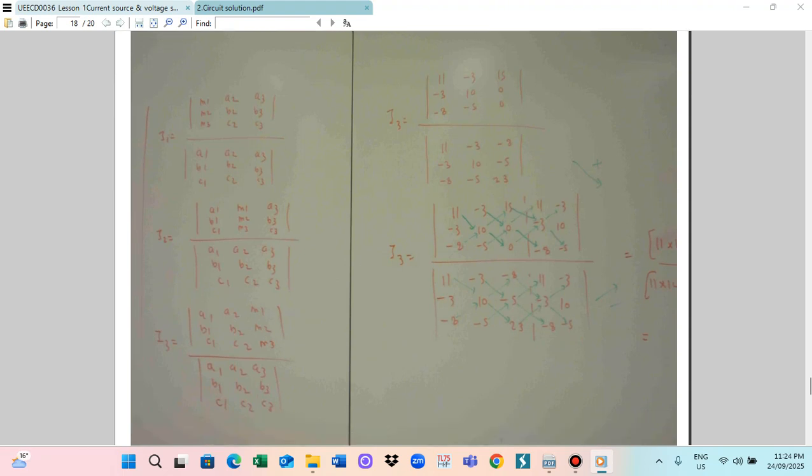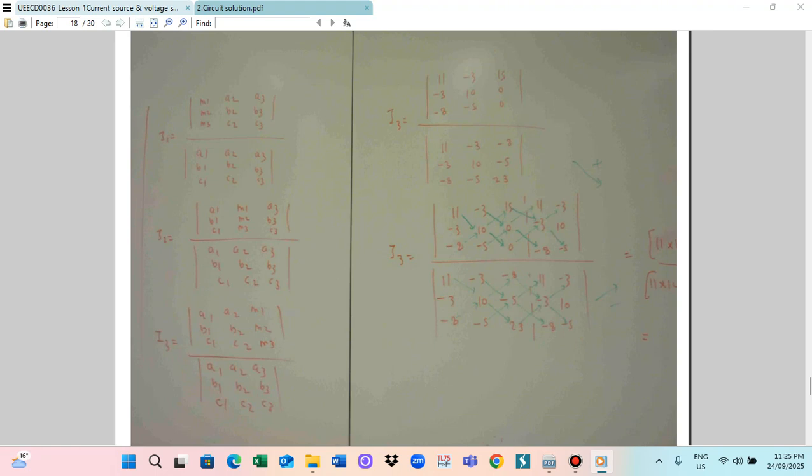Similarly, you substitute A2, B2 and so on. So each equation will be like this: 11, minus 3, minus 8; minus 3, 10, minus 5; minus 8, minus 5, 23.